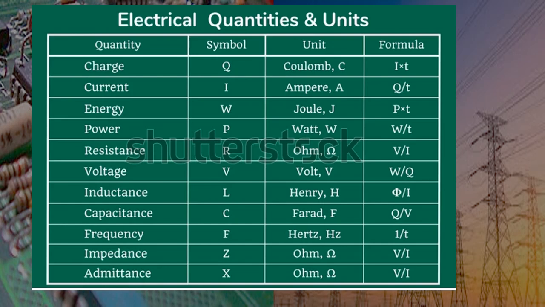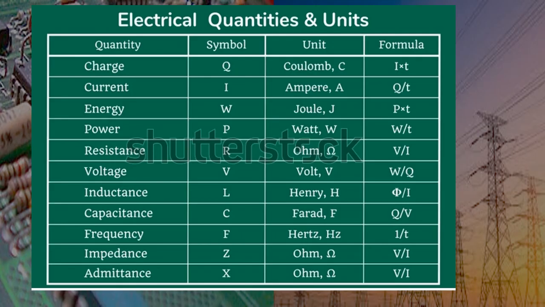We have inductance. The symbol of inductance is L. The unit of inductance is Henry, and it's denoted by H. It's equal to mu over current.